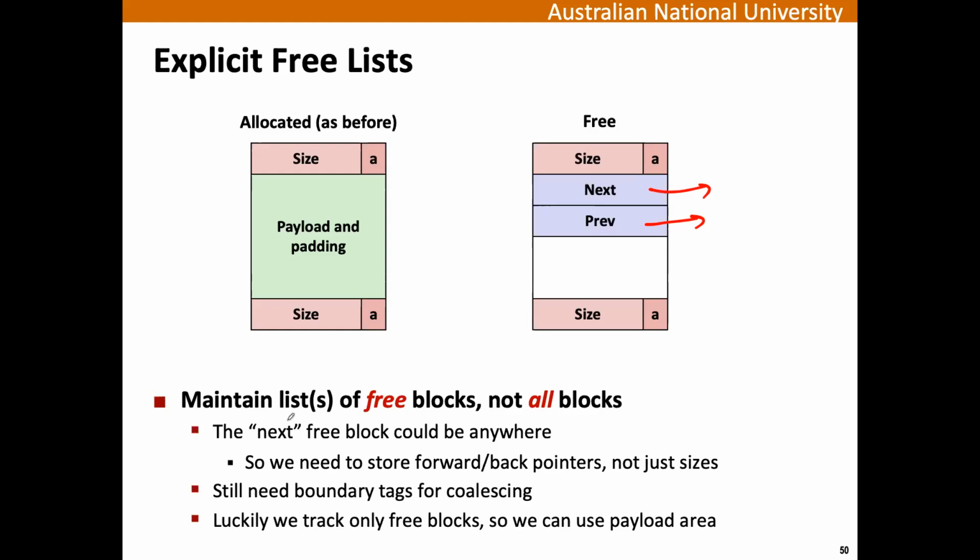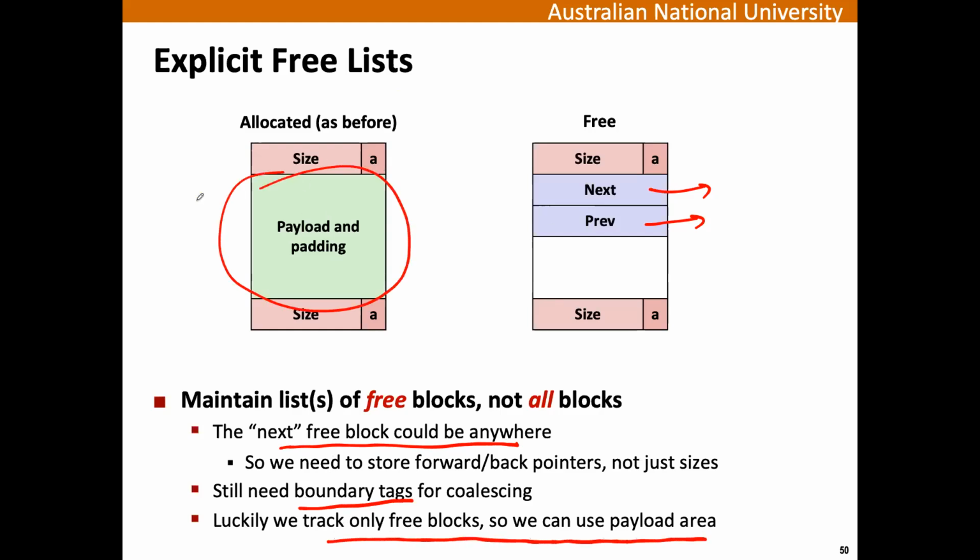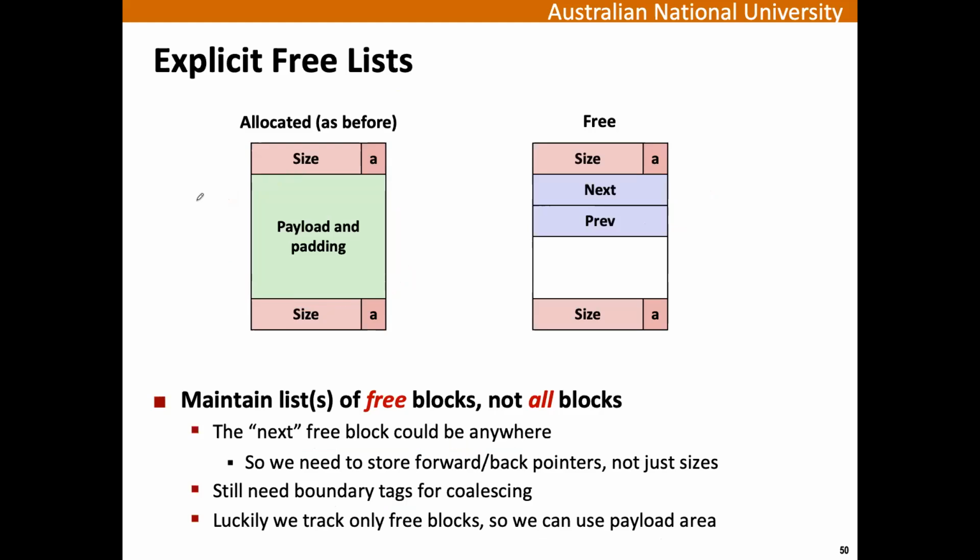So the cool thing is that the next free block could be anywhere. They are not necessarily next to each other. As we allocate and free blocks and we fix the next and previous pointers, our actual free list in memory could look very messy. We still need boundary tags, and we only track free blocks, so we can use the payload area for the actual data.